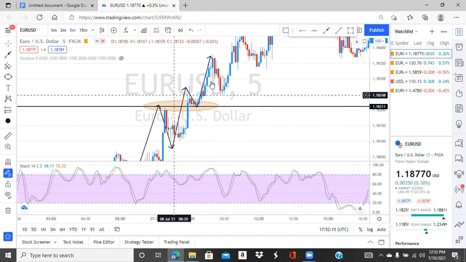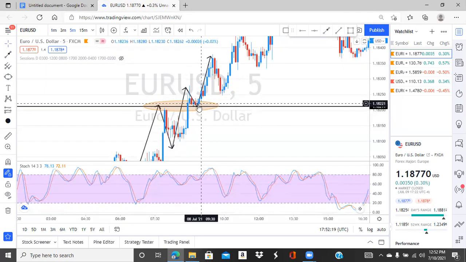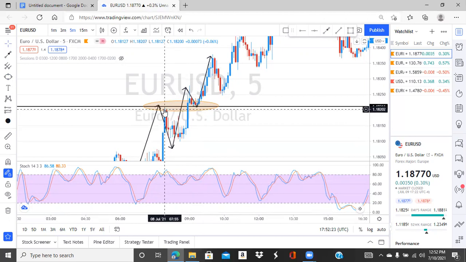All right, y'all see that? This previous resistance became future support. How did we know where to take our buy? Because we knew that this is where the market exhausted. So we know that the market is going to come back to that exhaustion point and then shoot up.